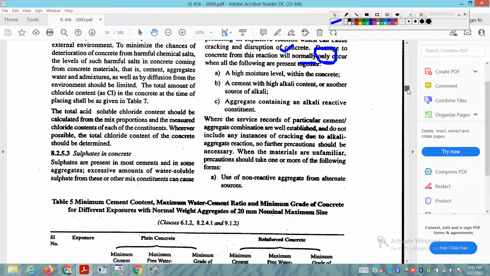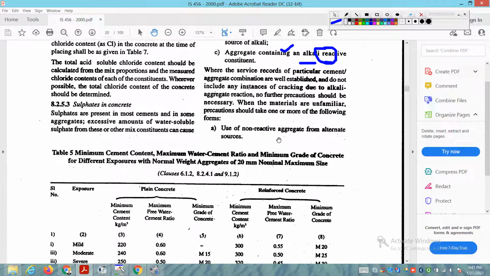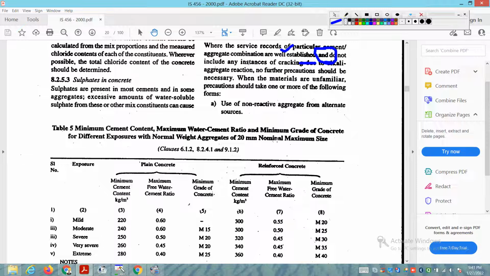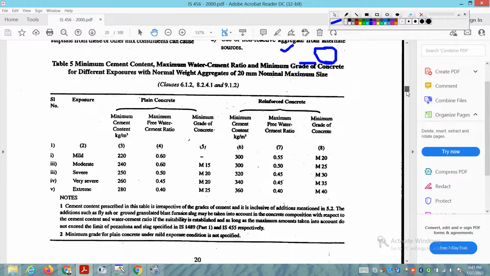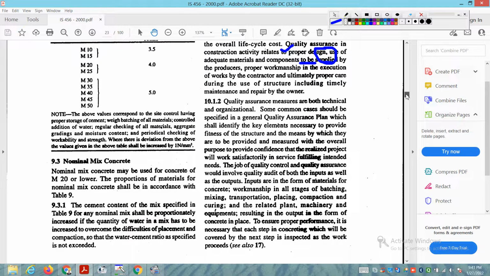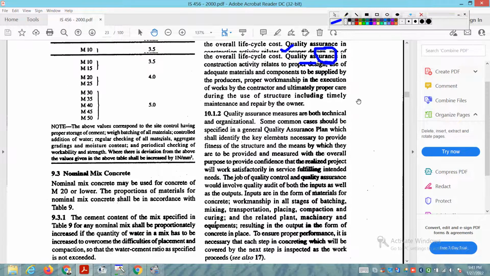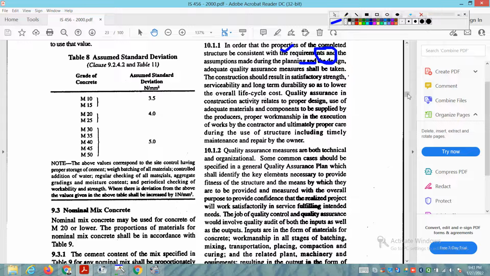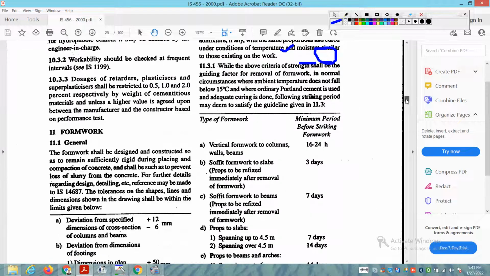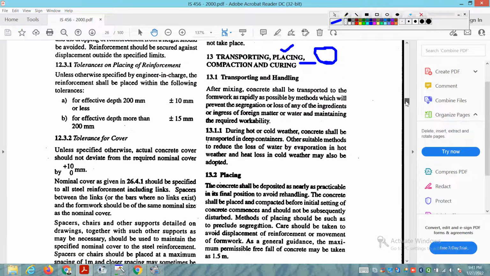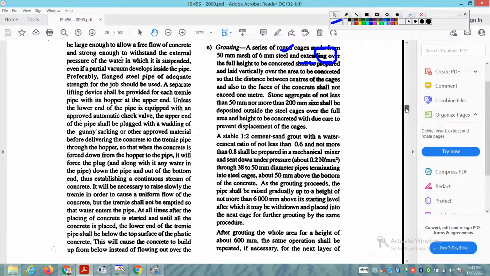Please refer. See here, tables are also given. Just turn each and every page and see what is given in the Indian Standard Code of Practice, and then we shall start the actual designing of RCC structures.